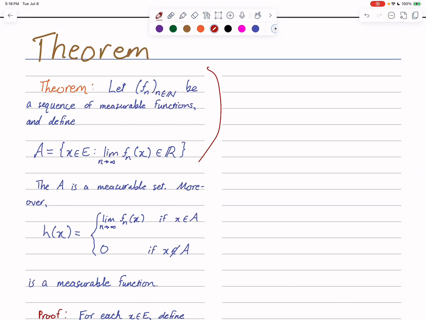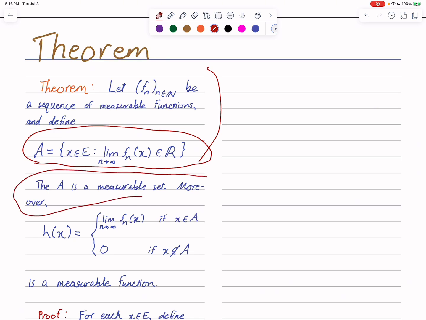If it does converge at that point, it gets added into this set A, and otherwise it does not. So A here is the set of points at which the sequence converges, and we will claim in this theorem that this set is a measurable set.